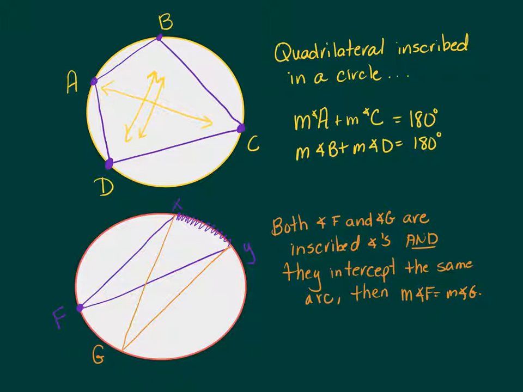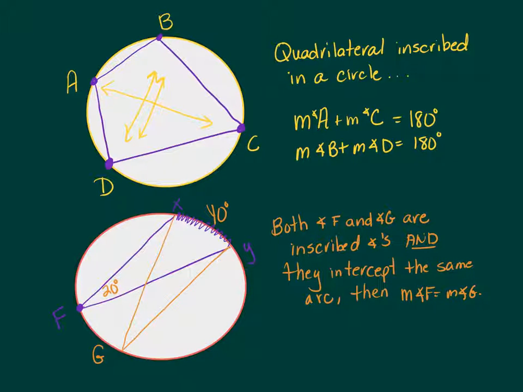And let's look at that with some numbers. Let's say my arc measure is 40 degrees. Okay? Since F intercepts that 40-degree arc, then F is half of 40, or 20 degrees.